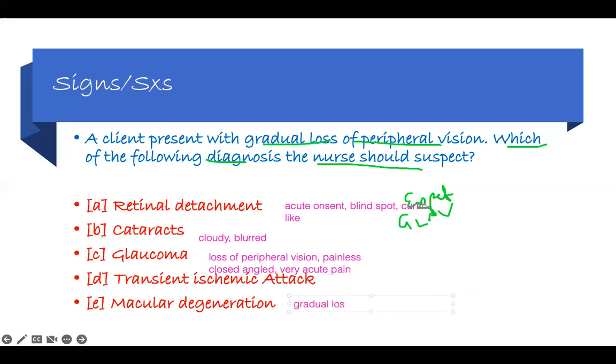It's a gradual loss of central vision. So that's how they're going to get you. This is the central vision, but the peripheral vision will remain the same. So based on what you know, you use that to answer signs and symptoms questions, and it requires the pathophysiology of the disease. So we know this is wrong. Okay, we know this is wrong. We know this is wrong. We know this is wrong.